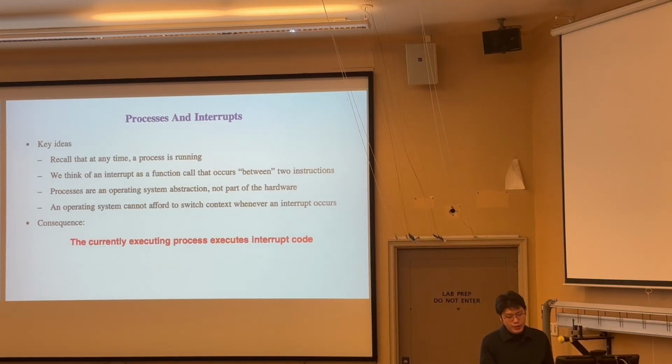You don't want a dedicated interrupt handler process because you don't want to context switch to handle interrupts every time. So you have to let the current running process do the interrupt handling, even if the interrupt handling might be for some different process.